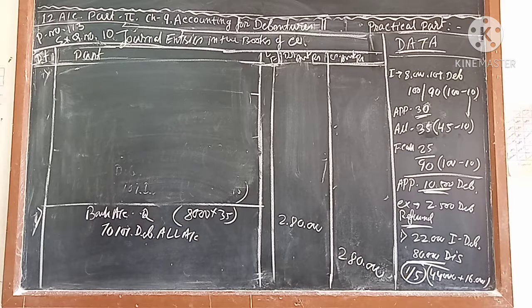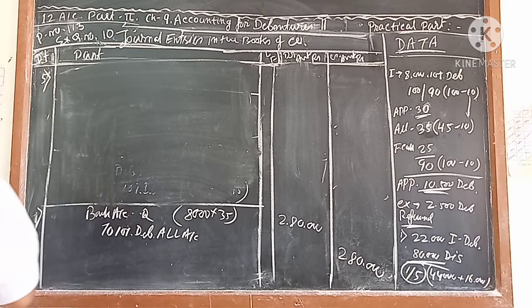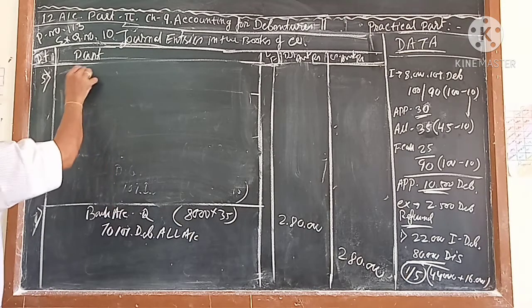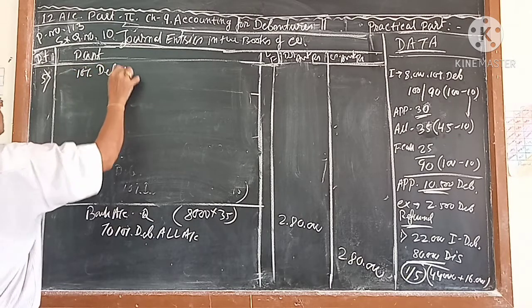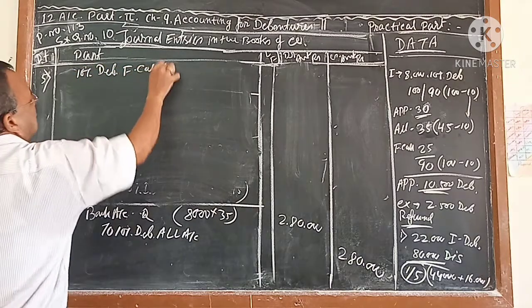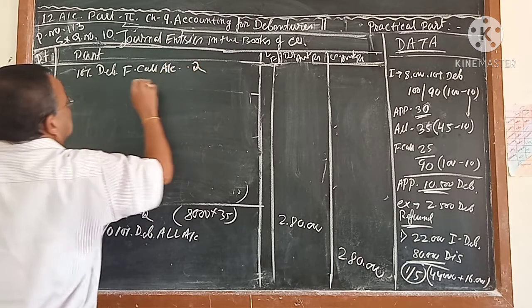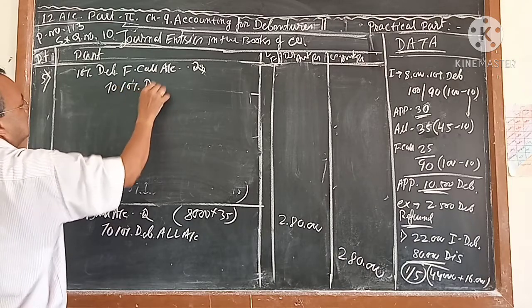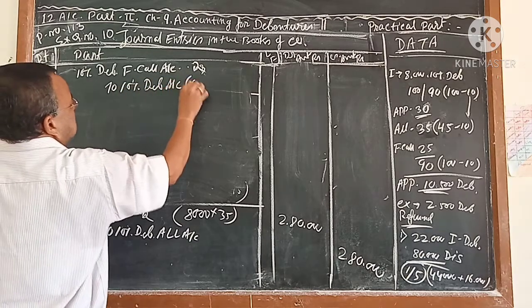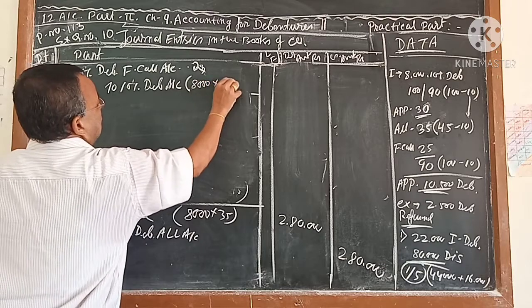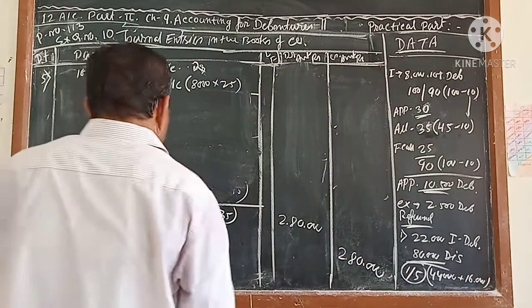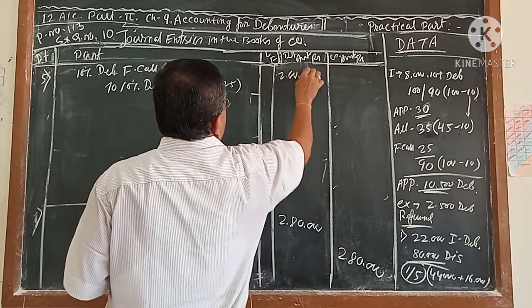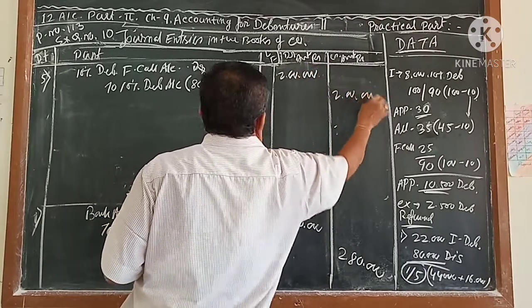So the next journal is number 5, the fifth journal. 10% debenture final call account debit to 10% debenture account. How much? 8,000 into 25. That we are passing the entry for calling.